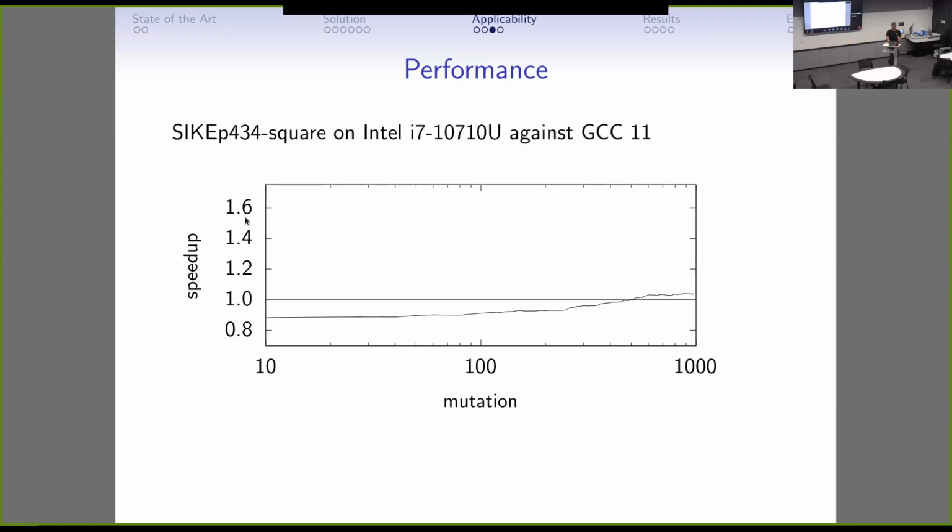What we see here on the left side is the relative speedup against this GCC compiled version. And on the x-axis, we see the mutations. So 100 mutations. Please note that this is a logarithmic scale. And we see here that after the 10th mutation, our performance is a bit slower than the version of GCC, in this case around 90% as fast.